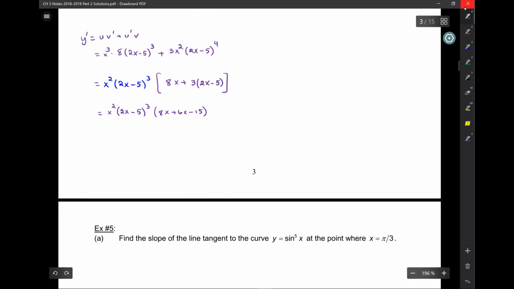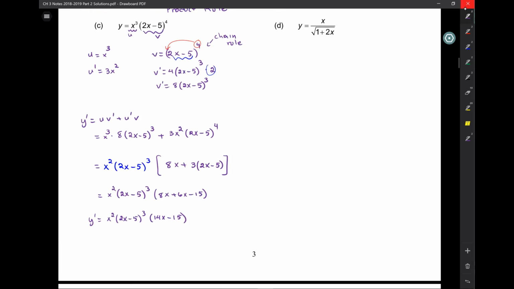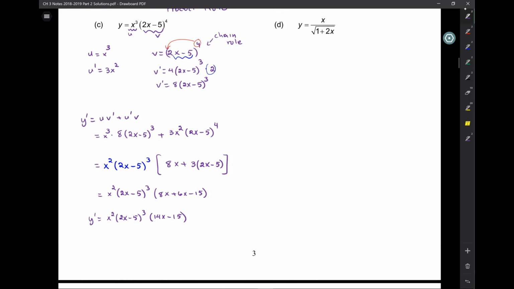So what do we have here? x squared, (2x minus 5) cubed, (14x minus 15). And that is a calculus problem. Yeah. And that's like nothing. Later on, that'll be like a part of a word problem. Okay? Yeah. This is it. We've made it. We're there. We're here. We've arrived.